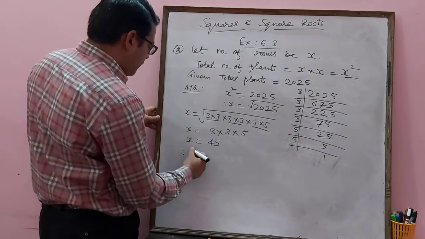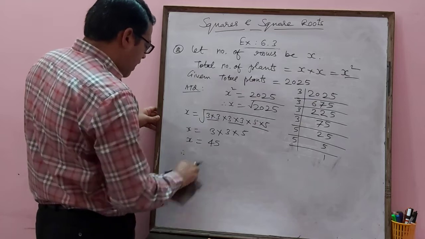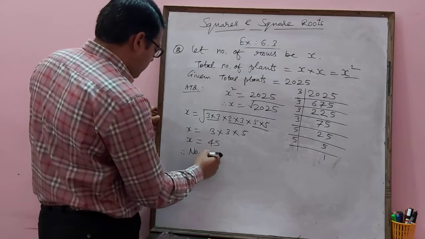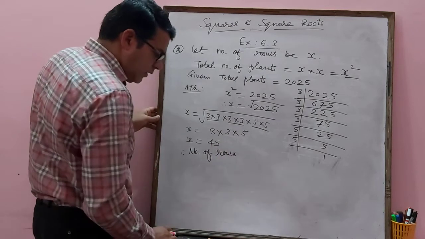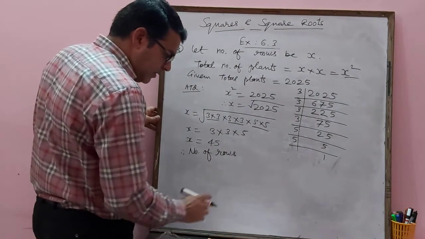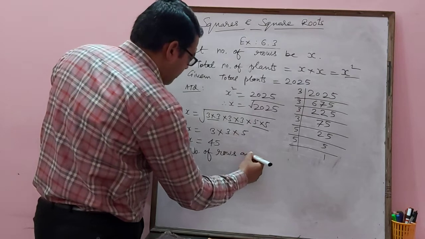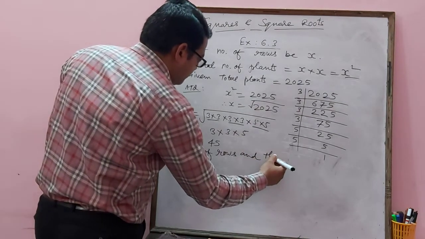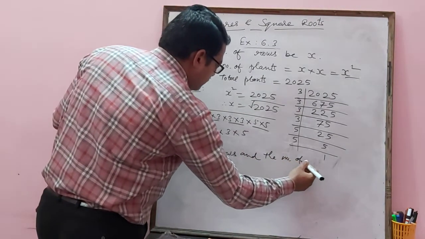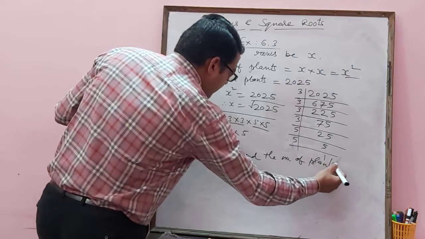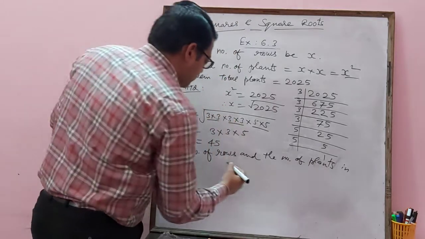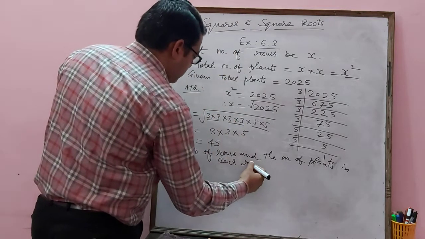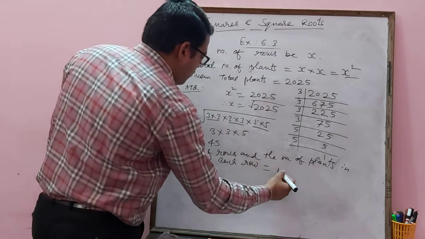Therefore, the number of rows and the number of plants in each row equals 45.